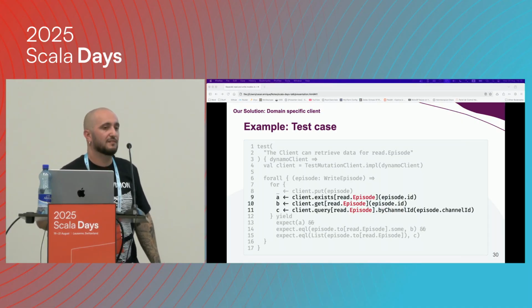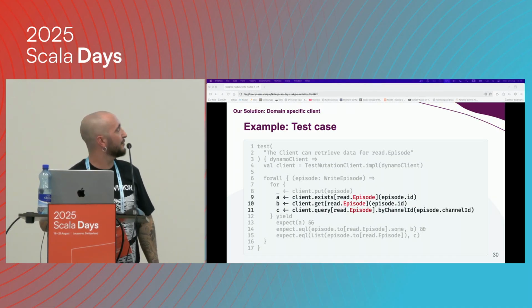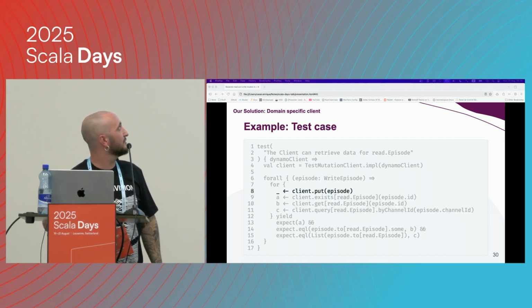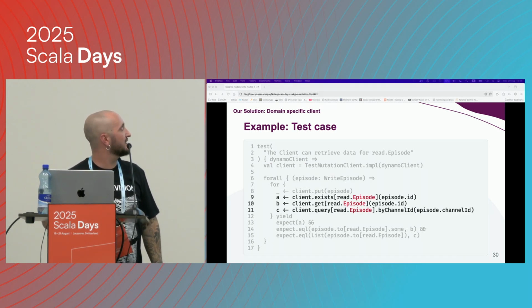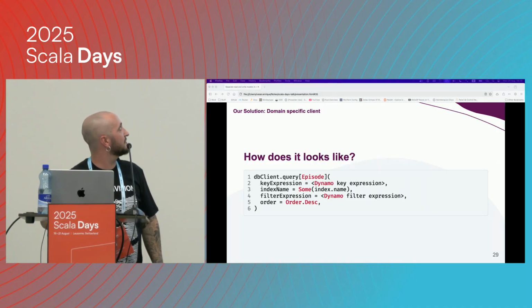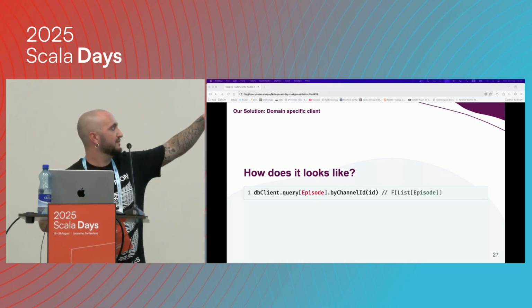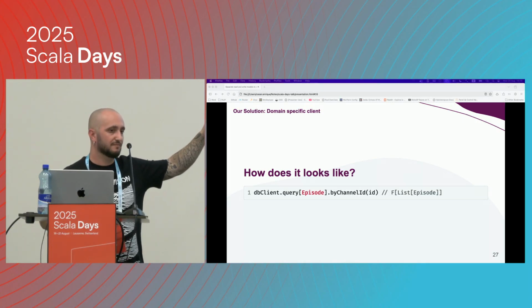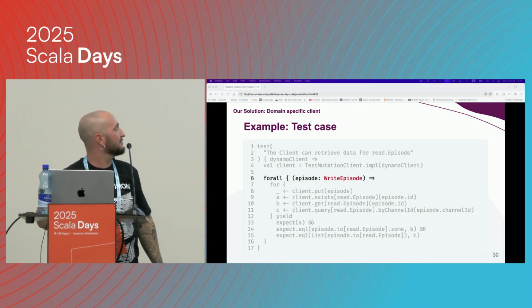But if you notice, what we get back from the client, we cannot compare it directly to this episode here, because what you get back in the interface, if you remember here, is episode, not write episode. So now we have to convert one to the other.